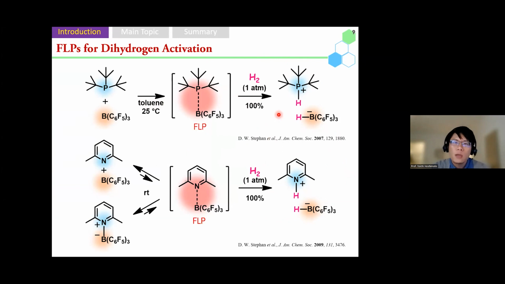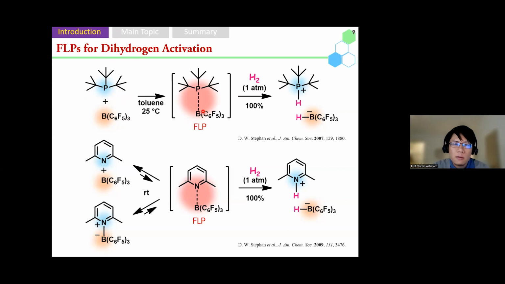For example, Stephan and co-workers nicely demonstrated that reaction between tert-butylphosphine and tris(pentafluorophenyl)borane, BCF, smoothly gives this FLP species in situ. And this FLP rapidly mediates the heterolysis of the strong H-H bond.